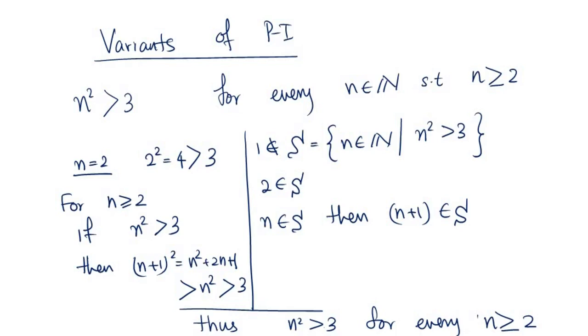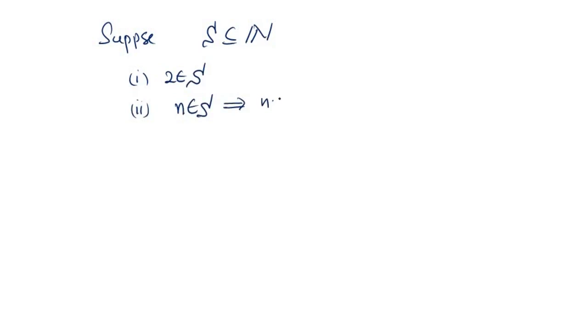Now, in this case, the version of the principle of induction we need is the following one. Suppose we have a set S, a subset of natural numbers satisfying the conditions that 2 belongs to S, and if n belongs to S, then n plus 1 belongs to S. Then the conclusion that we want to make is that S must be equal to the set of all integers greater than or equal to 2.